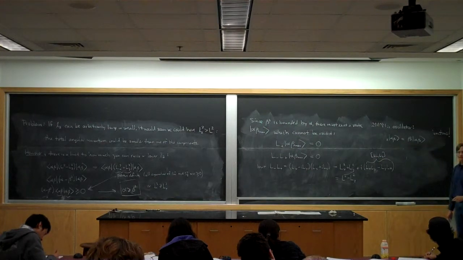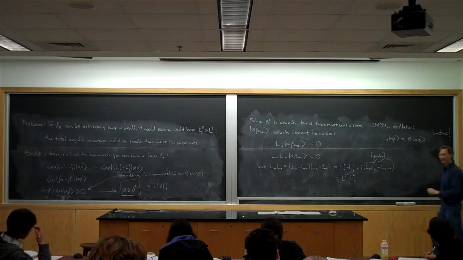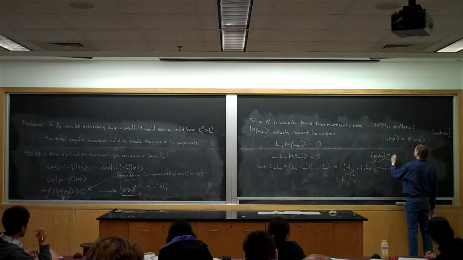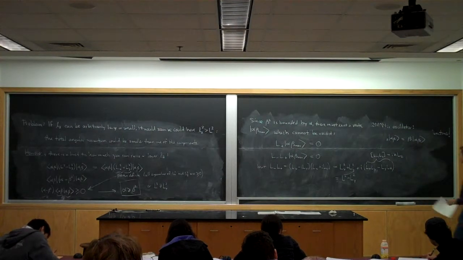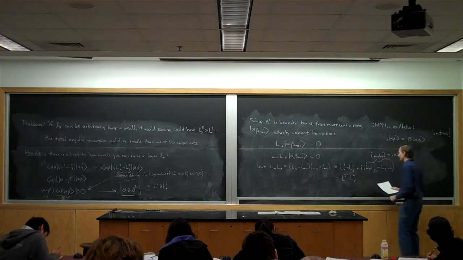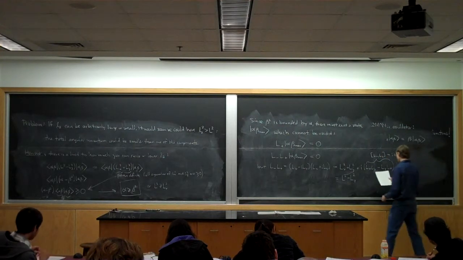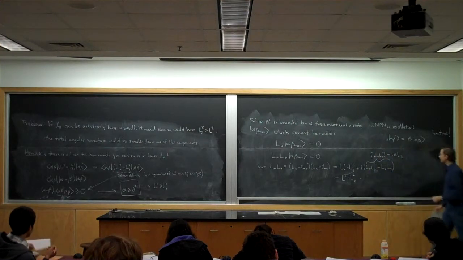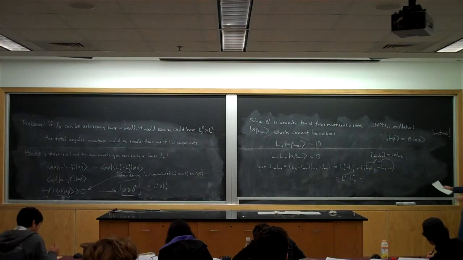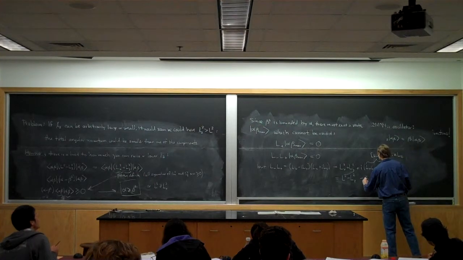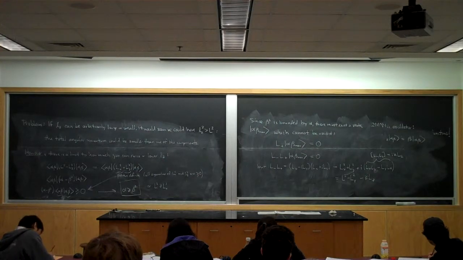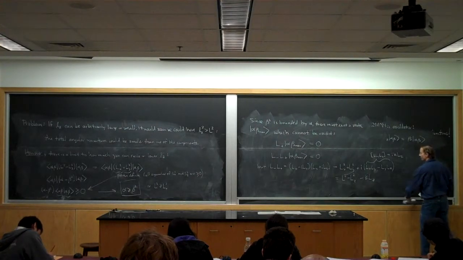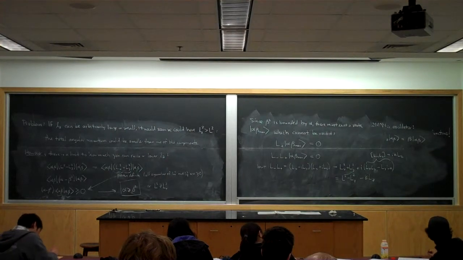But the commutator of Lx and Ly is i h bar Lz. That's right, it's i h bar Lz. So this turns into L squared minus Lz squared plus i times i h bar Lz, and so that turns into minus h bar Lz. So L minus times L plus is the same thing as L squared minus Lz squared minus h bar Lz.